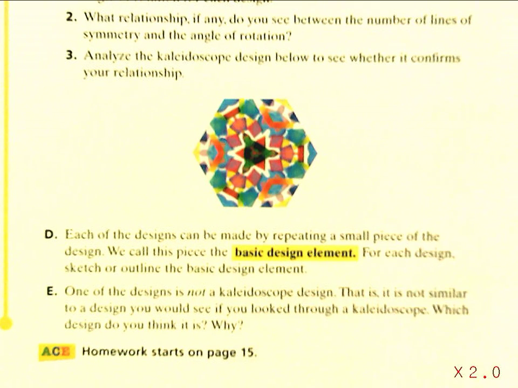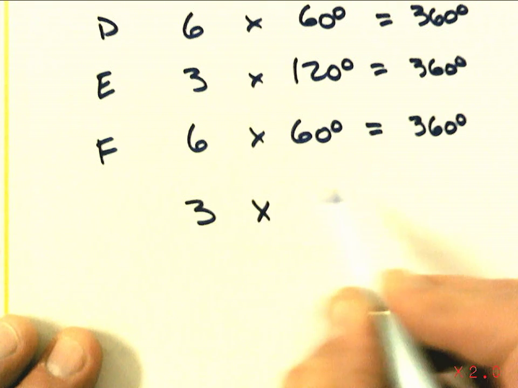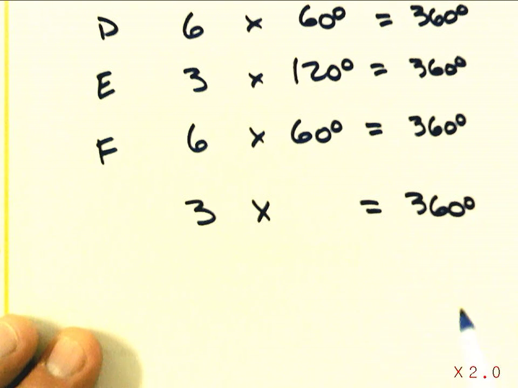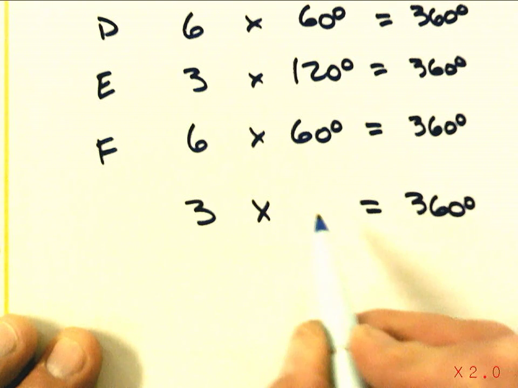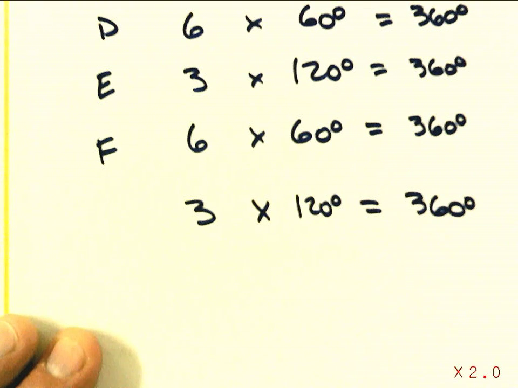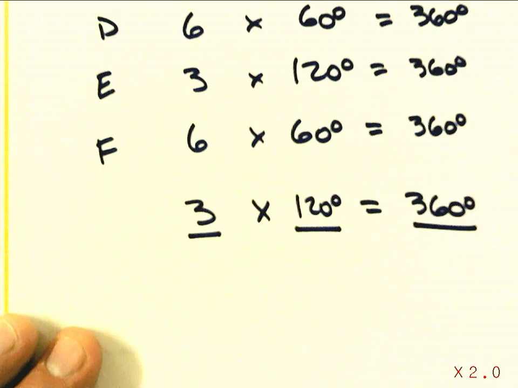So if we have 3 lines of symmetry in this extra image, 3 lines of symmetry times the angle of rotation is going to equal 360 degrees. If this were true, then that would have to be 120 degrees for each of those angles of rotation. If we have 3 lines of symmetry, a 120 degree angle of rotation will give us a total of 360 degrees.